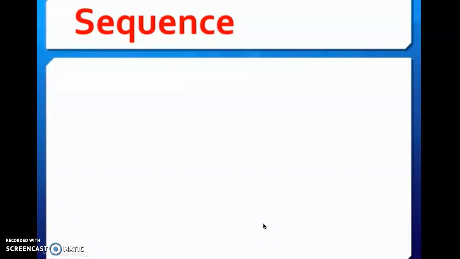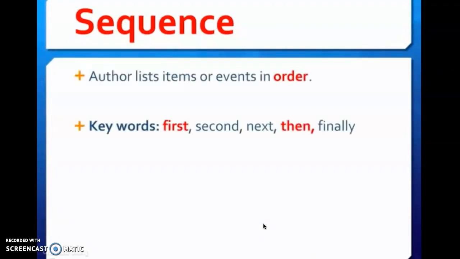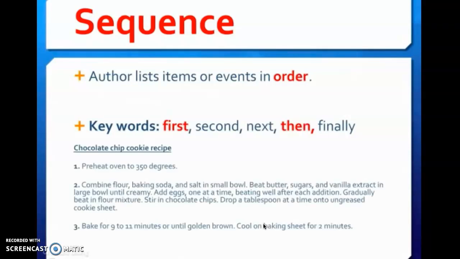The next type of text feature is sequence. This is when the author lists items or events in order. Sometimes it's in chronological order, which means it happened first, second, third, and then last. So some keywords to look for are first, second, next, then, finally. These types of transitions tell us that the information is being given sequentially in a specific order of how they happened. Here's an example.